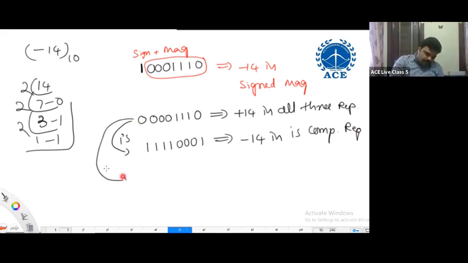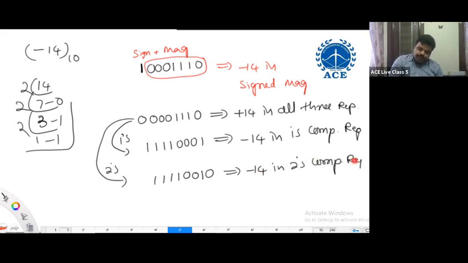Take 2's complement of this. What we get here? 0 as it is, 1 as it is, remaining bits should be complemented. 1, 1, 1, 1, 0, 0, 1, 0. What is this? Minus 14 in 2's complement representation.